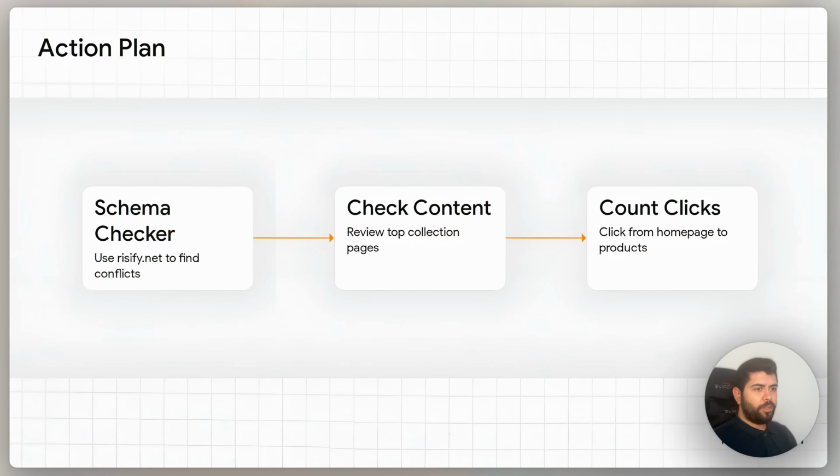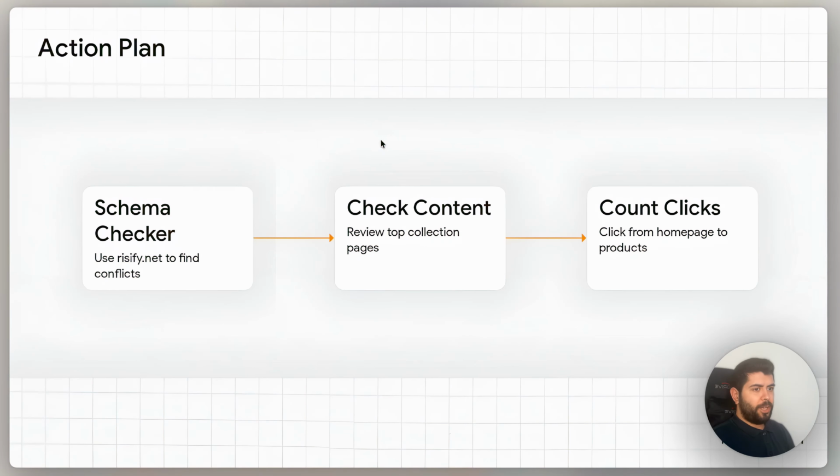So you have seen what the good looks like on Galaxy. Here is how you can check your own store. For the first one, just go ahead and take a look at your schema using the free tool on risify.net, which is called the free Schema Checker. And then check your content.